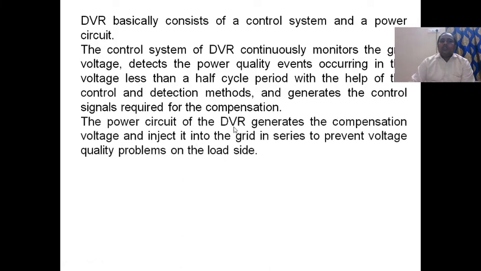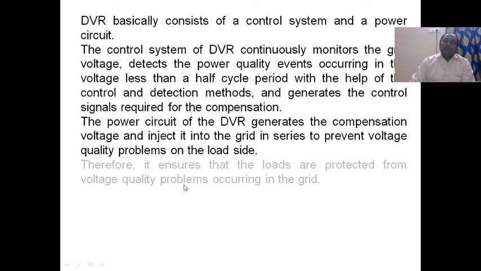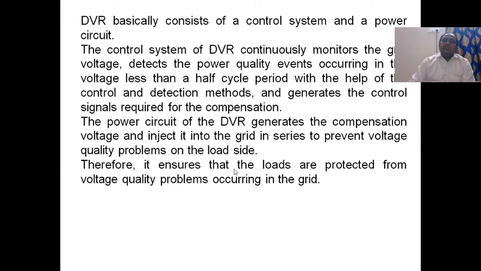The power circuit of the DVR generates the compensation voltage and injects it into the grid in series to prevent voltage quality problems on the load side. Therefore, it ensures that the loads are protected from voltage quality problems occurring in the grid.